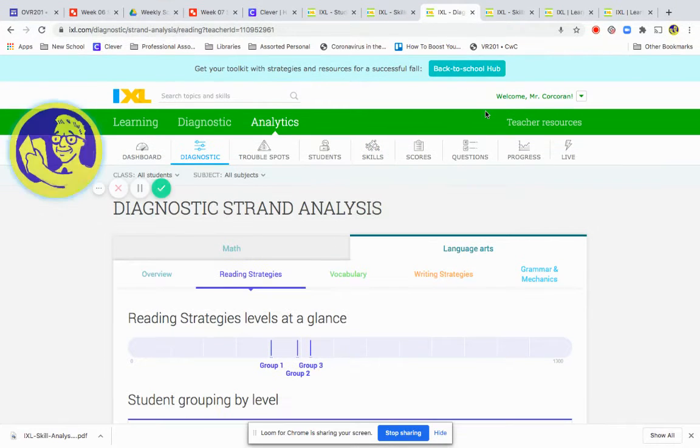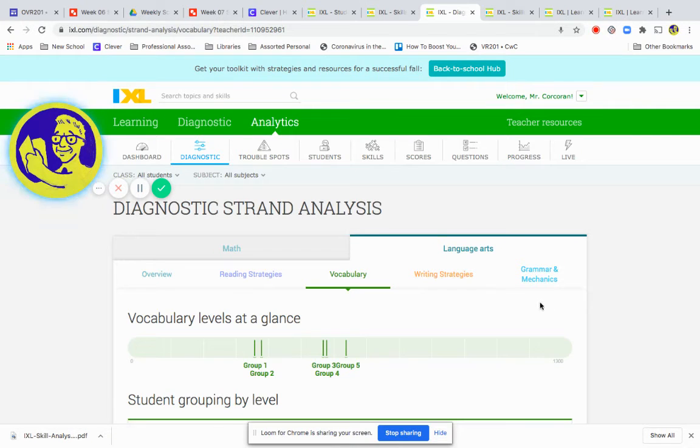Once that's done, I can come in and, I'm not going to point directly on it, but here groups 1, 2, and 3, the system automatically groups students with areas of strength and growth. So if you're in group 1, that tells me I can work with those students in week 7 to target those reading strategies, for example. Vocab has its own focus, right? So it's broken students into 5 groups.